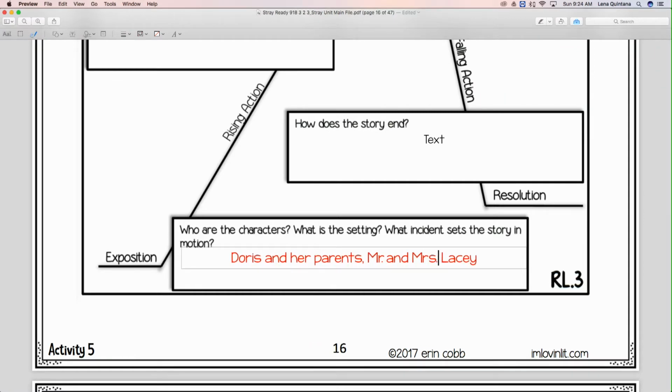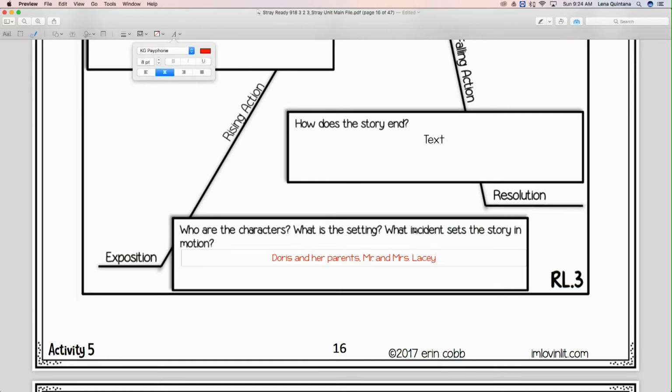And Mr. and Mrs. Lacey. I'm actually going to make this a little bit smaller so we can fit some more good info in there. So Doris and her parents, Mr. and Mrs. Lacey. All right, so the setting is the next thing that we're going to get to. It is the Lacey's home.